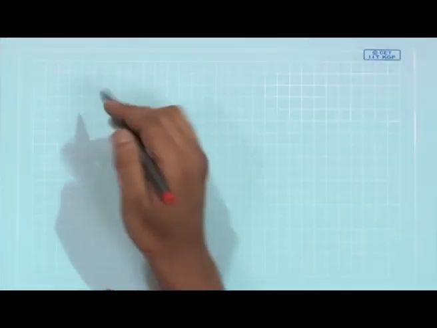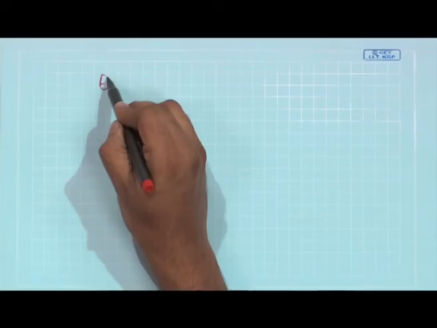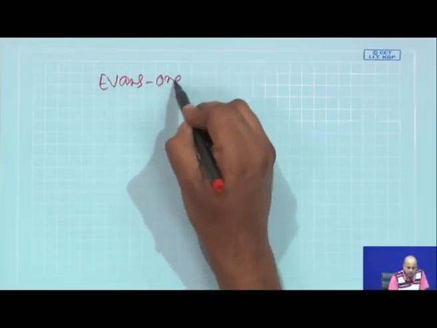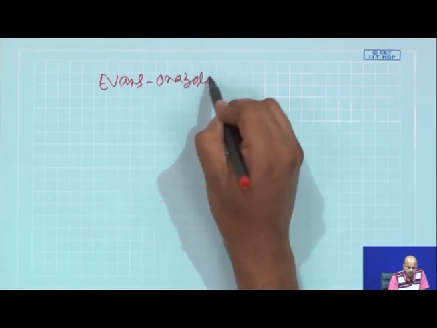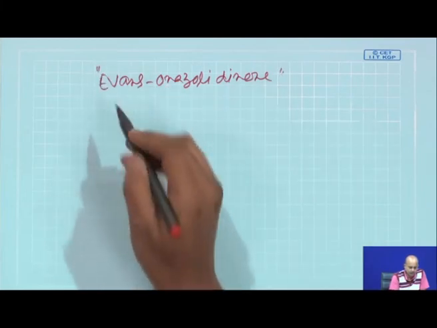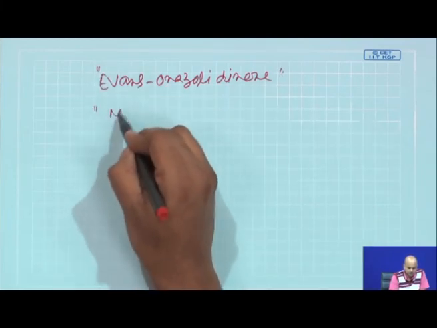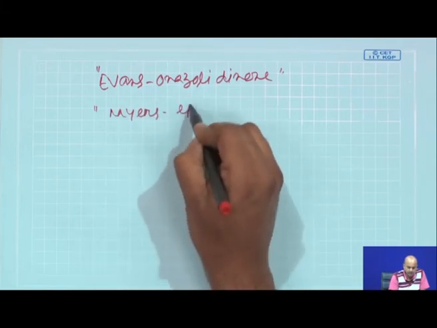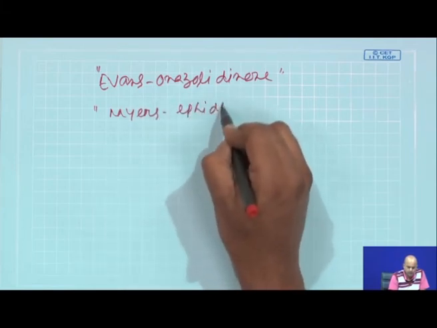Now, similar kinds of auxiliaries are very well known in the literature, we are not talking about them, but I will just give you a couple of names. Evans oxazolidinone we have just discussed. There are reports of Myers ephedrine or pseudoephedrine based auxiliaries.